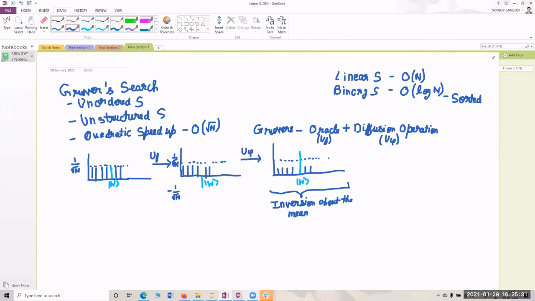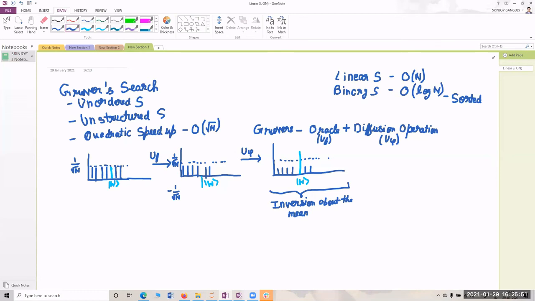So now you can see how cleverly a mathematical phenomenon can be used to amplify the state, and with the help of this quantum interference phenomenon, since you have now amplified that state, the probability of finding the marked state is higher.